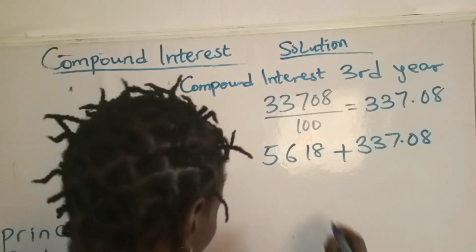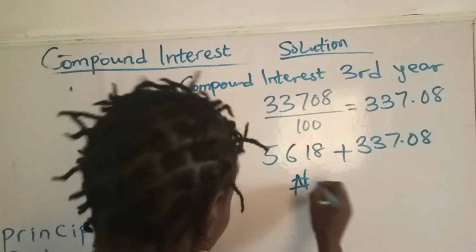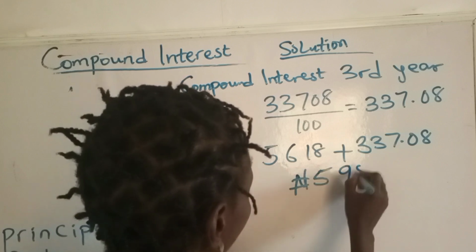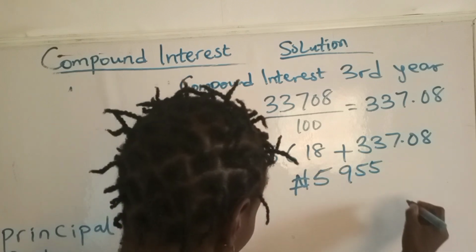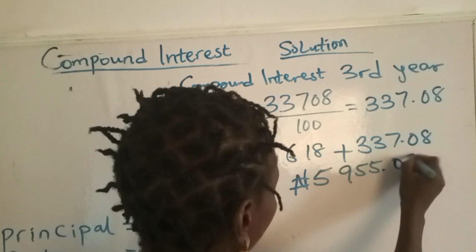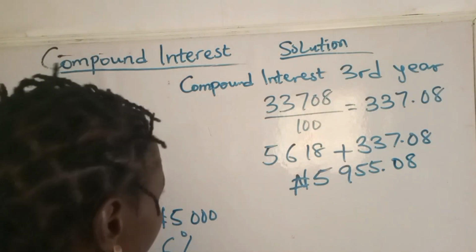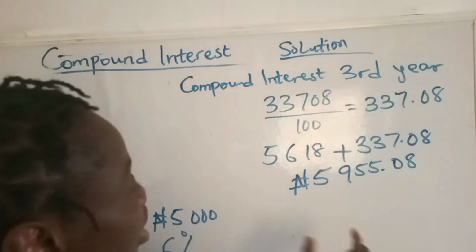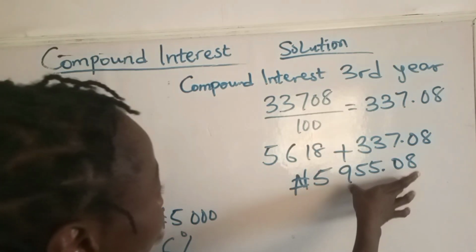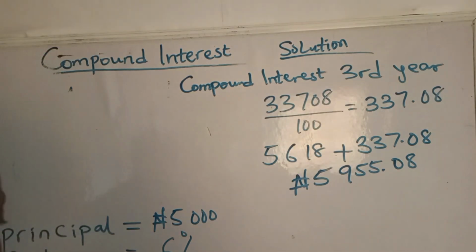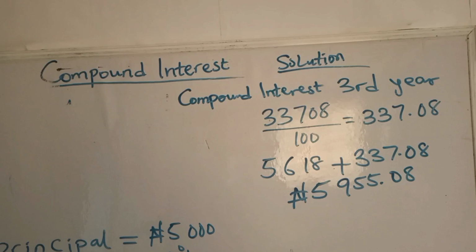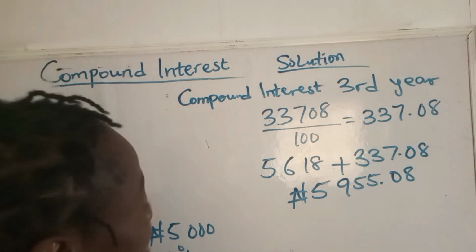We have 5,955 naira 8 kobo. This is the actual money that we will have at the end of 3 years.